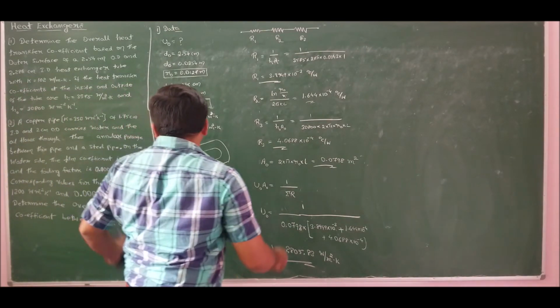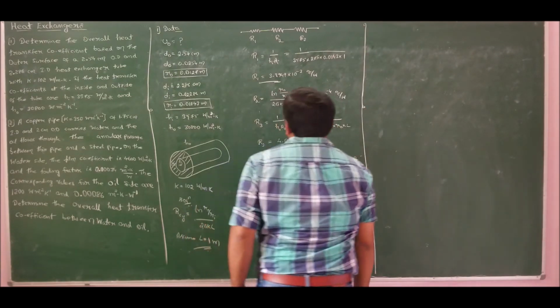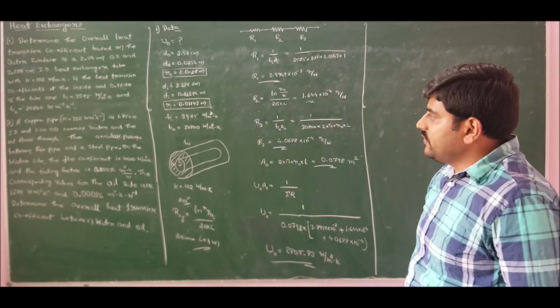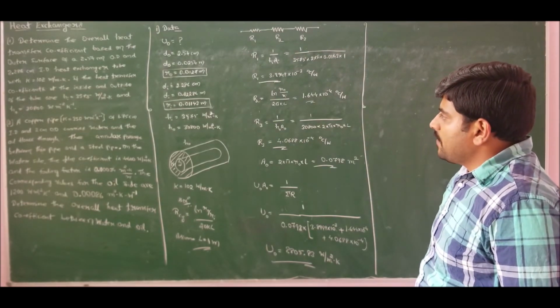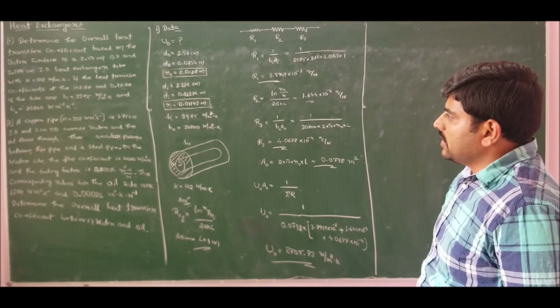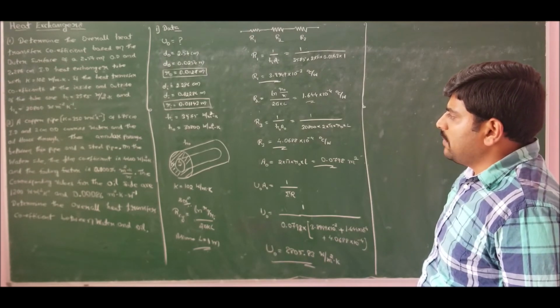Next, moving for problem number 2. We have a copper pipe of thermal conductivity 350 watt per meter per Kelvin of 1.75 centimeter inner diameter and 2 centimeter outer diameter carries water, and the oil flows through the annular passage between this pipe and a steel pipe.